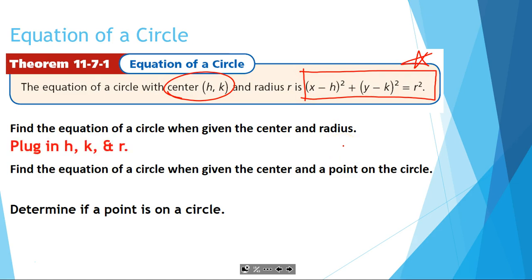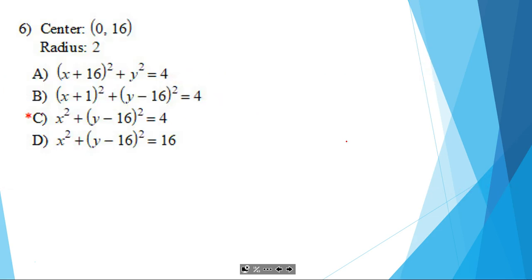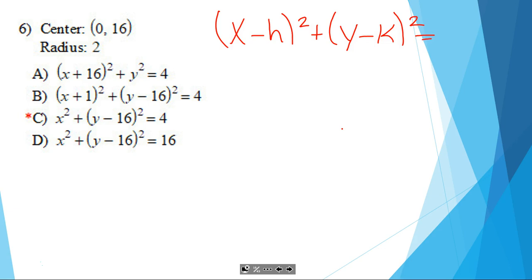So if that's the case, all we have to do is plug in h, k, and r. Now, if you look, that is like this question right here. We have the center and we have the radius. So all we have to do is plug those into the equation. x minus h squared plus y minus k squared equals r squared. So all we have to do there is plug those into that formula.